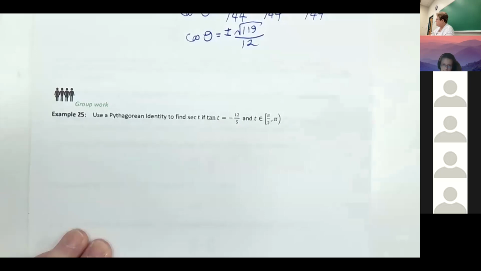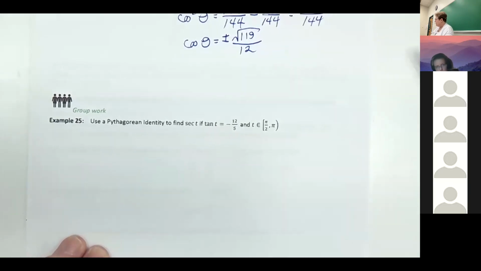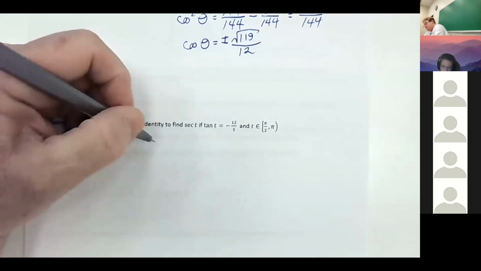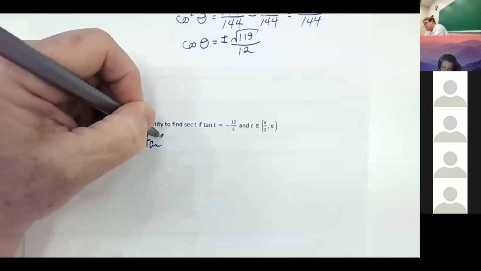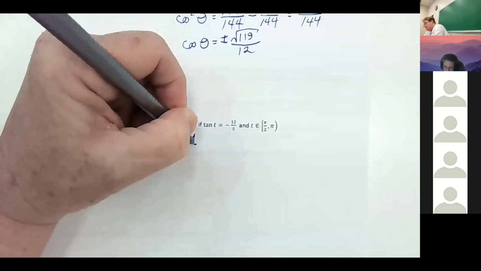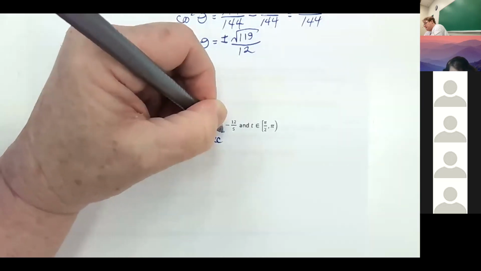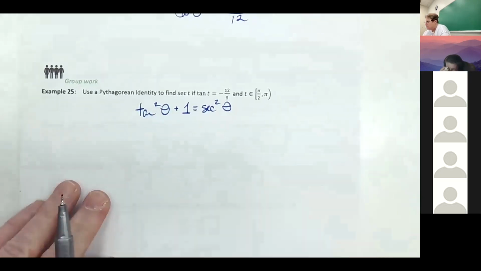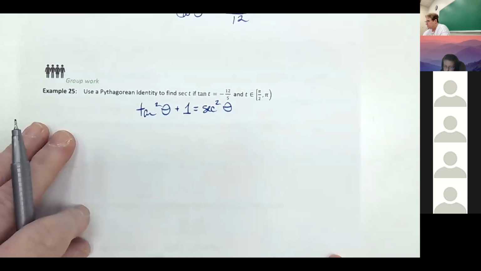The way that secant and tangent are related is the Pythagorean identity. Tangent square theta plus 1 is secant square theta. So let's write that down. So how do I find secant t?